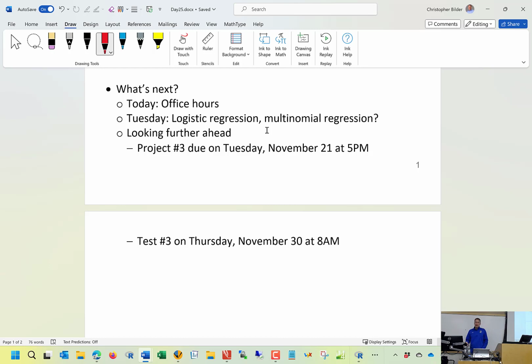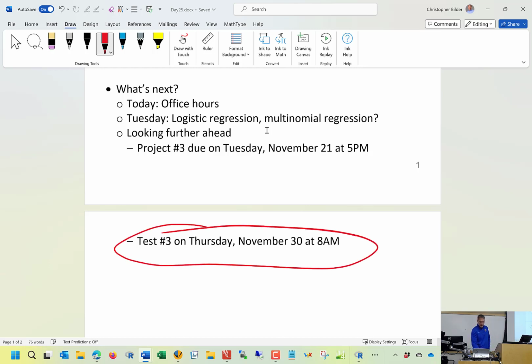Looking further ahead, project number 3 is due on that Tuesday at 5 p.m. Of course, then we don't have class on Thursday next week because of Thanksgiving. And then notice that we do have this test coming up. Actually, I just wrote my first draft of it on Tuesday. Test is Thursday, November 30th at 8 a.m. Okay, that is all here for today.